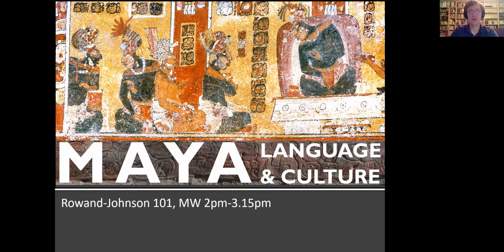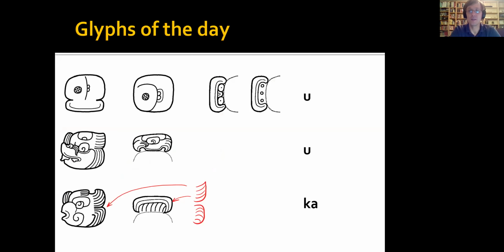So our goal for today is to describe the basics of the Maya hieroglyphic writing, how it looks, sort of what kinds of characters we have in the Maya script.